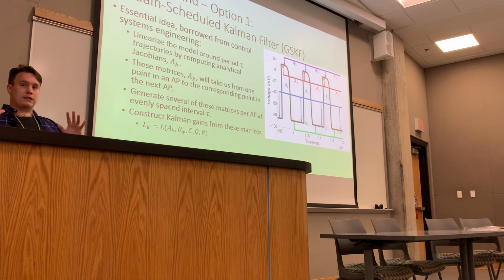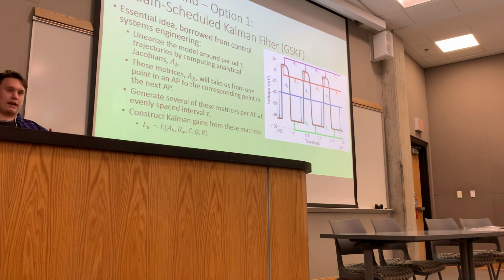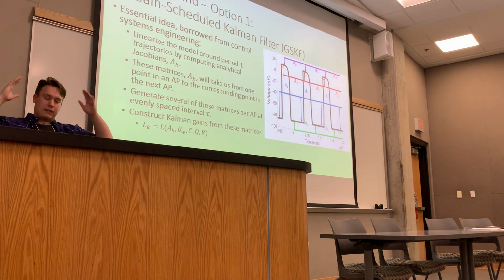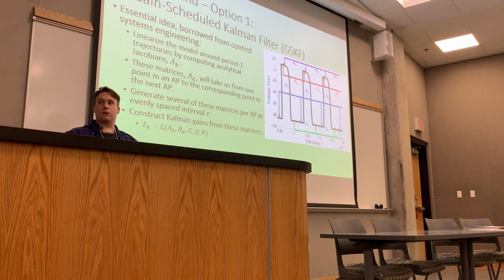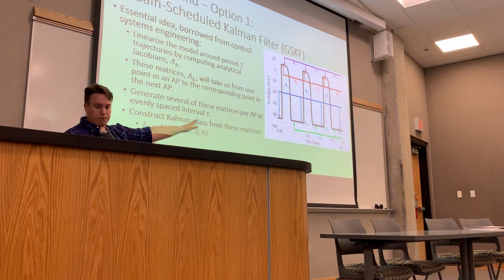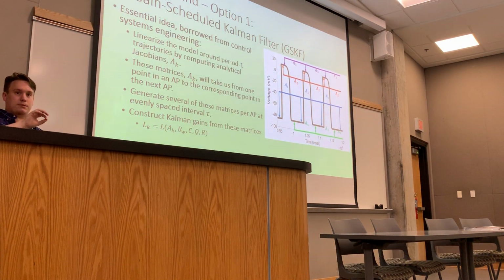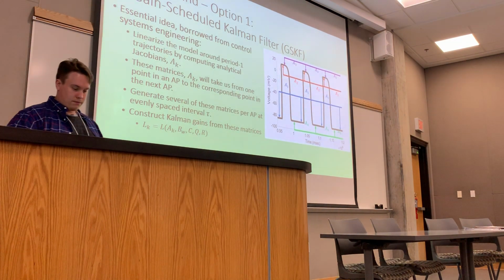So what we're essentially doing is we are saying to get from this point in an action potential to the same point in the next action potential, we have this matrix A1. And then to get from the next step to the same point in the next action potential, we have A2. And that's what this plot here is illustrating. We're essentially going from the same point in one action potential to the same point in the next one, to the next one, to the next one, as long as we want to.